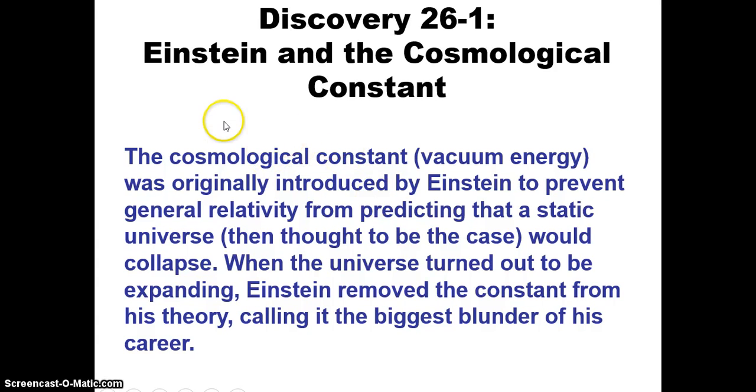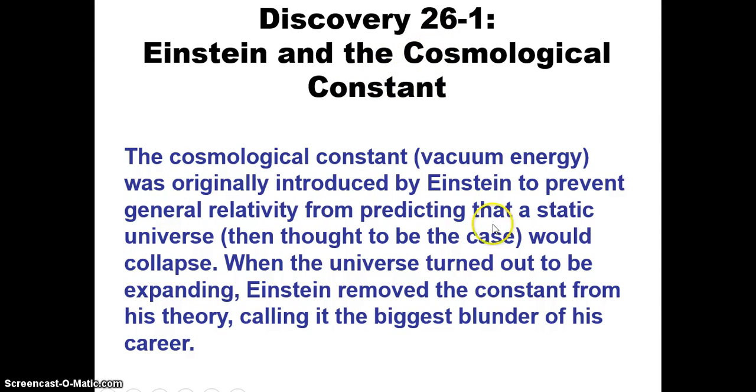In fact, when he did this, it was like 10 years before Edwin Hubble made the discovery that the universe was expanding. He could have actually predicted what Hubble discovered experimentally roughly 10 years later in 1929. Anyhow, Einstein used this thing called the cosmological constant.